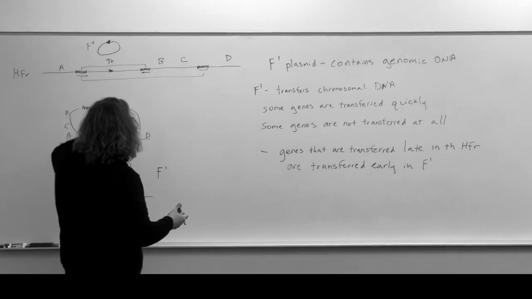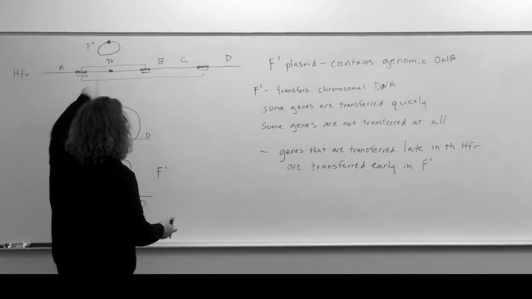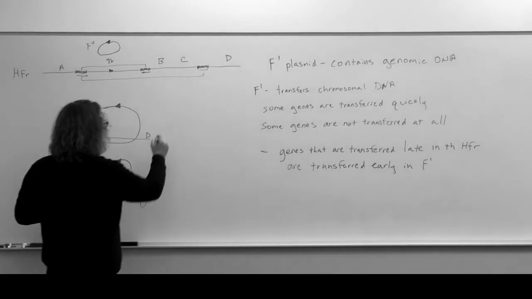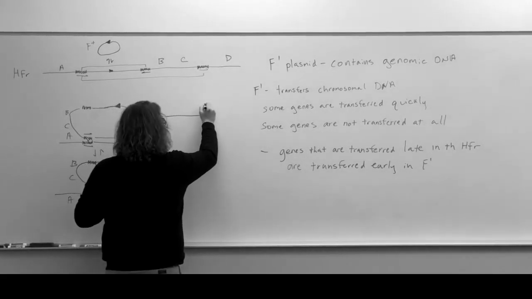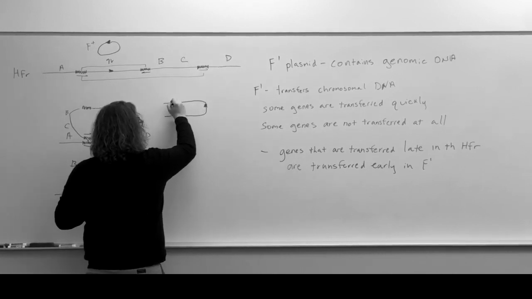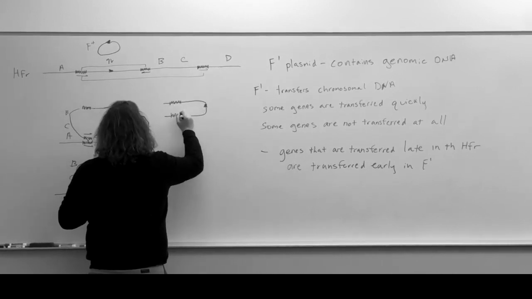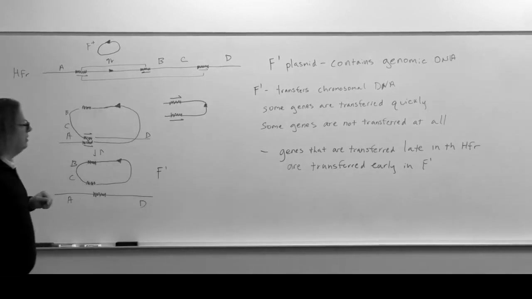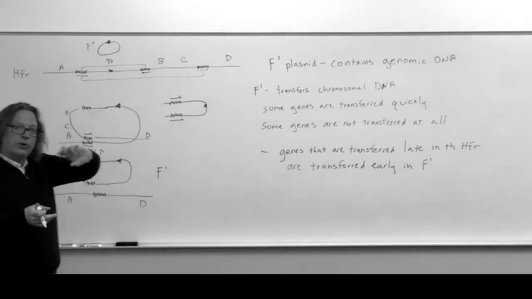The short answer is that instead of having something looped out, you'll essentially have something inverted. And so in this case, it would look like this if they were inverted. So here you would simply flip the orientation.